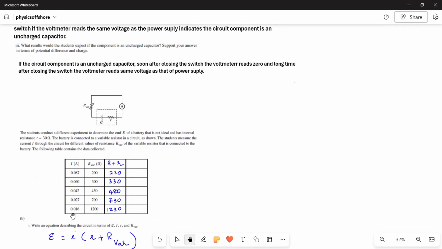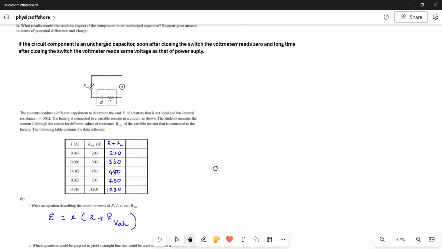The current and variable resistance values are given to us. Now he is asking us to write an equation describing the circuit in terms of voltage, internal resistance of the battery, the variable resistance, and the current.